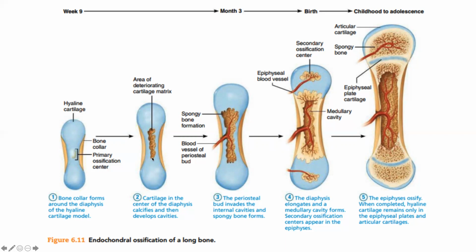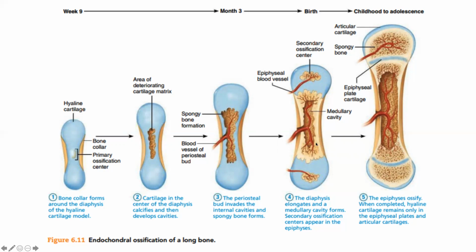And this primary ossification center gradually gets bigger. With growth and development, the cartilage plate gets bigger, the primary ossification center gradually gets bigger, and finally that ossification center is invaded by blood vessels and gradually deposited and changes into bone.